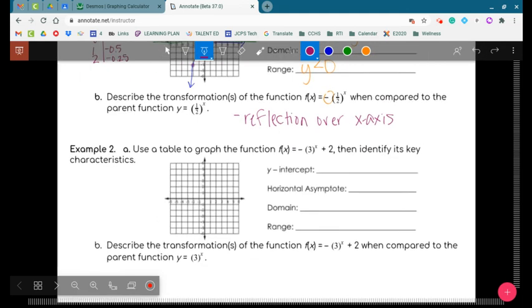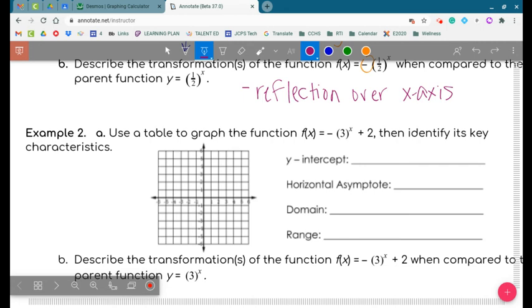Going down to example 2, it says use a graph or table to graph the parent function f of x equals negative 3 to the x plus 2. So we have two things. We have this negative in the front, and we have this plus 2 in the back. Those are going to be the two things that affect what direction this is going. We know it's going to be reflected because of the negative, and we know it's going to be shifted up because of the plus 2.